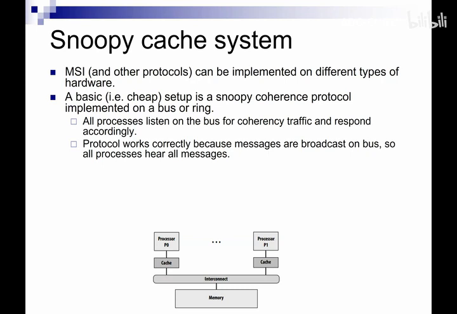So whenever we send any coherency messages or coherency data, all of the processors will automatically get that information from the bus, and they will respond. The correctness of the protocol on the bus depends on the fact that the messages are being broadcast on the bus, and all the processors hear all of the messages.